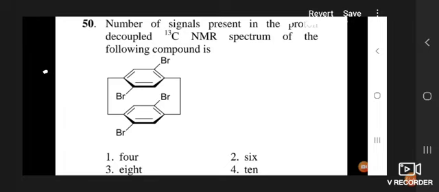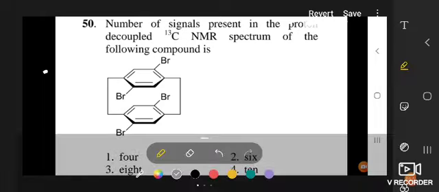So we will apply the symmetry concept to the given molecule, and in that way we will be able to say the number of signals present in the proton decoupled C-13 NMR spectrum. So take a look.